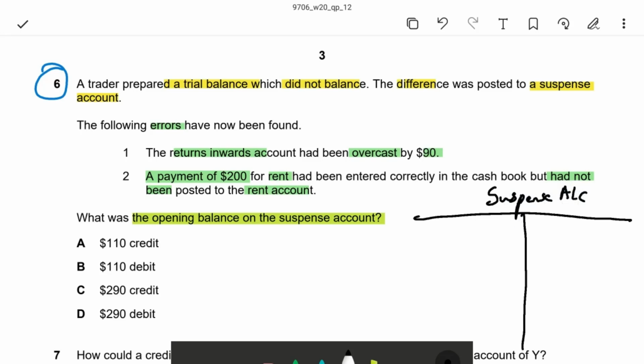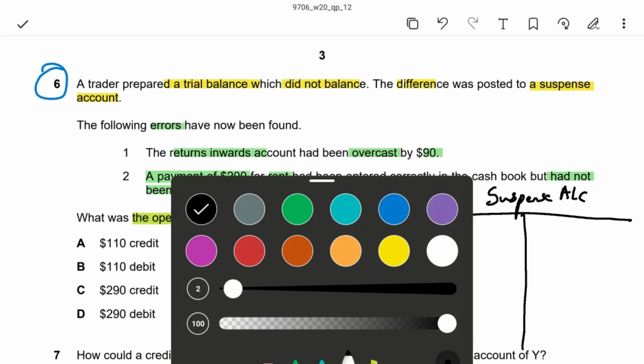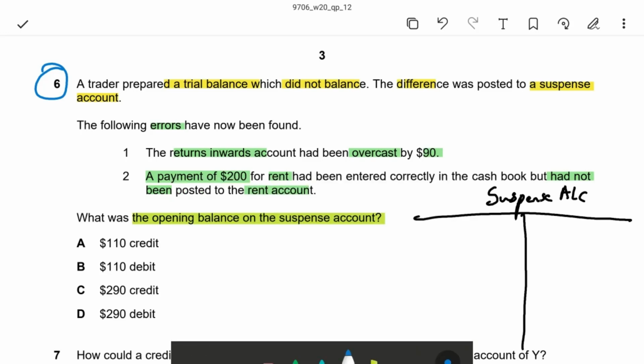Suspense account, debit side and credit side. The first error: return inward. Return inward means sales return. Sales is always credit, sales return is always debit.